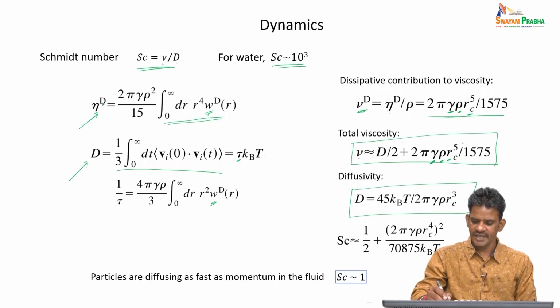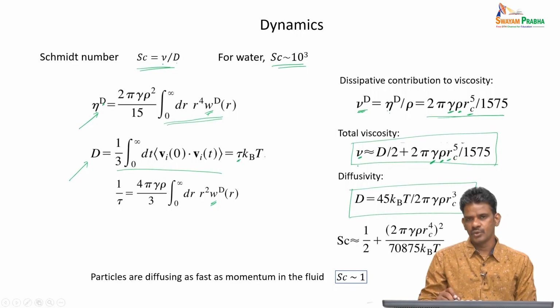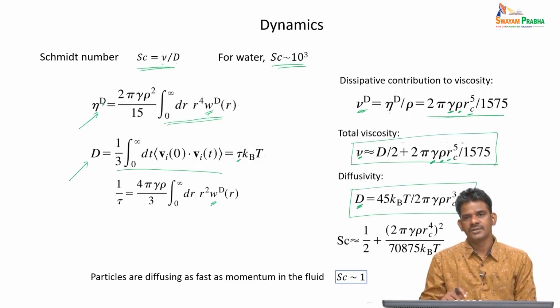So now we have this expression for total kinematic viscosity and total diffusivity. The reason I am calling it total is that we are adding up the dissipative and thermal contributions in the kinematic viscosity, and similarly in the diffusivity also.